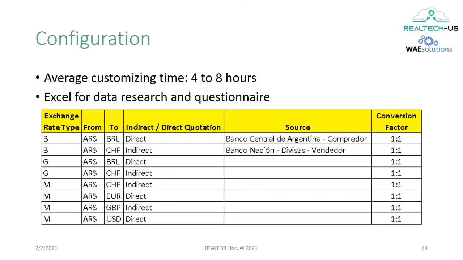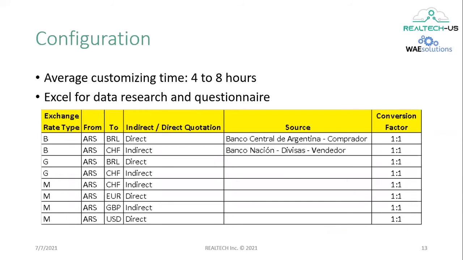What we do is send an Excel file in which the different currency combinations need to be completed. We need to know which exchange rate types you are going to automate, from which currency to which currency, whether you load it in the first column or in the second column in the OB08 transaction, and which is the source from which you always take the exchange rates when you populate this data with the OB08 transaction.